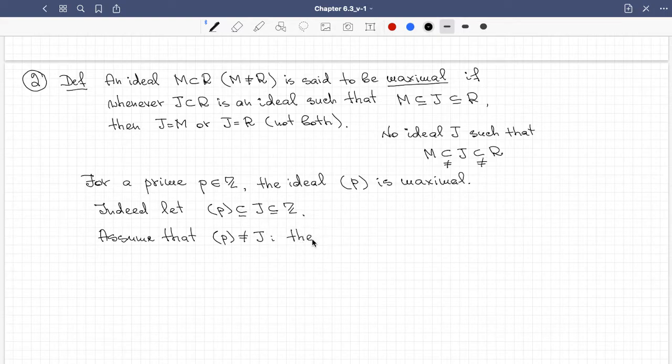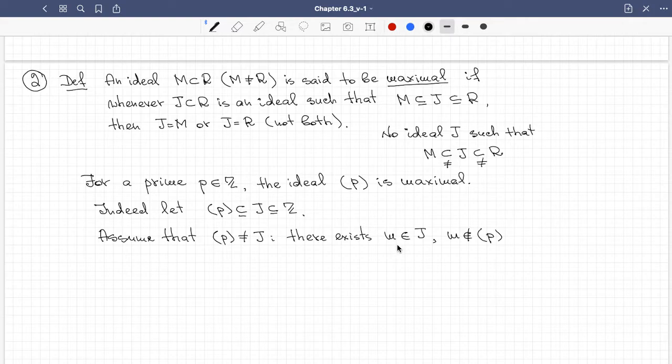There exists some element m of the ring which is an element of J but not an element of this principal ideal. So J is slightly bigger.